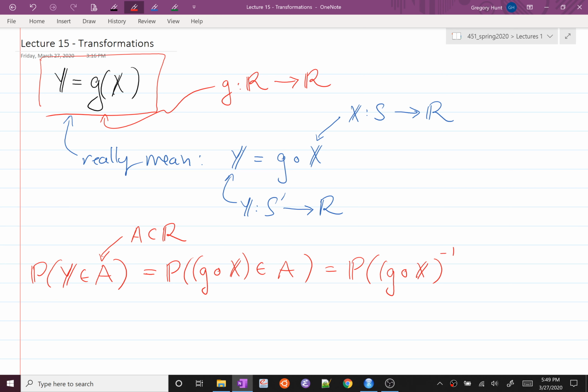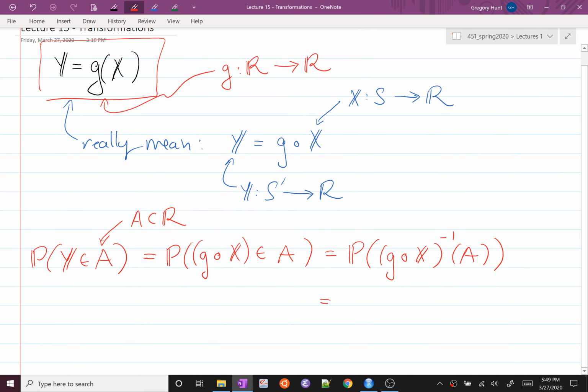So g of X inverse of A. And now I just have to remember from foundations what the rule is with the inverse image of a composition, and I can calculate this as the probability of, when I do a composition of functions, it's really going to be the inverse of a composition. The inverse image of a composition is I reverse the order. It's X inverse composed, and then I plug in g inverse, and then I plug in A.